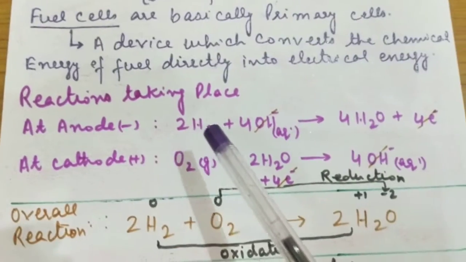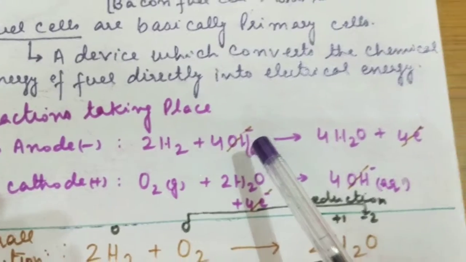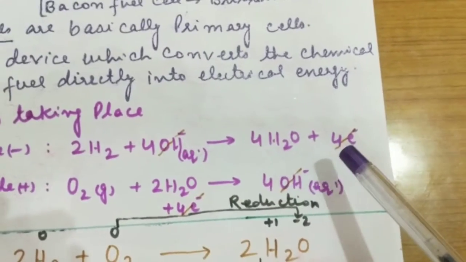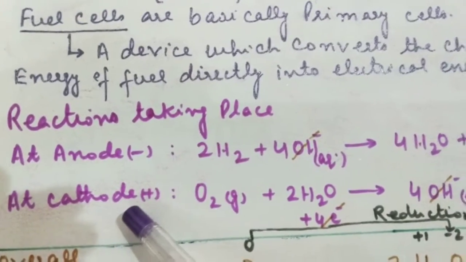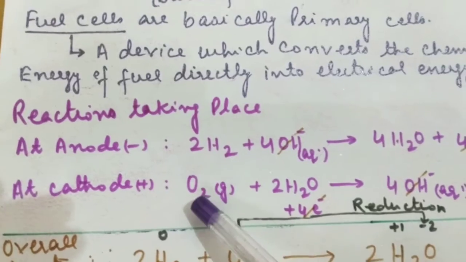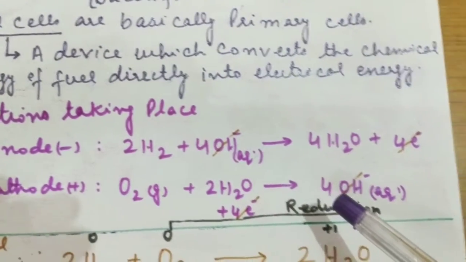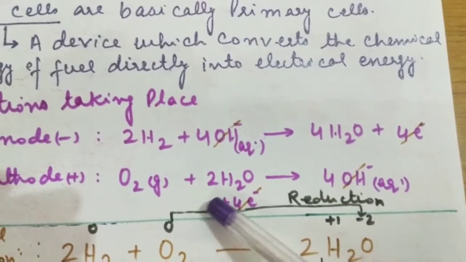At the anode, hydrogen reacts with hydroxide ions of the base to form water, and there is a release of 4 electrons. Then at the cathode, that is at the positive electrode, oxygen reacts with water to form hydroxide ions by taking 4 electrons.